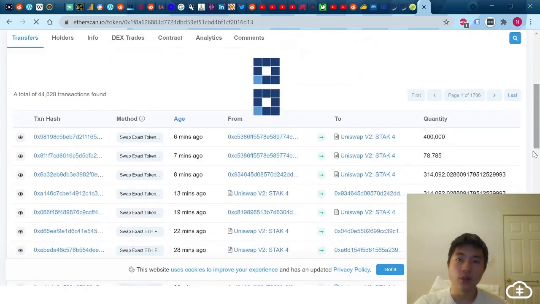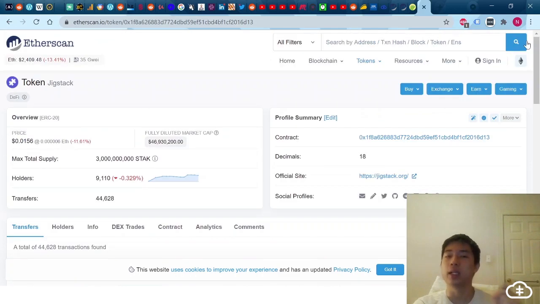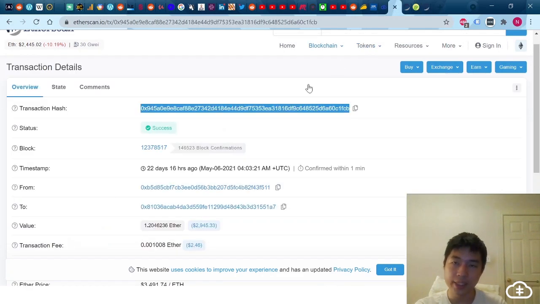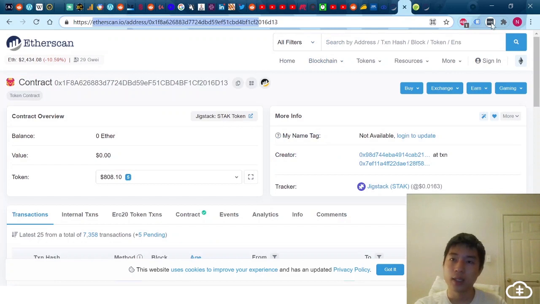Okay, so again, to sum up, these are the 3 key things that you can do with Etherscan that I think are important for any person involved in crypto to know. Number 1, how to track addresses, right?